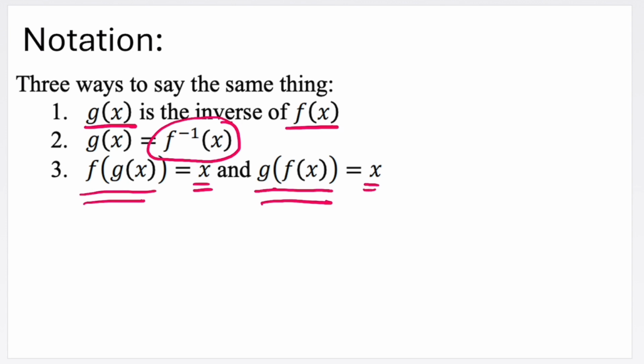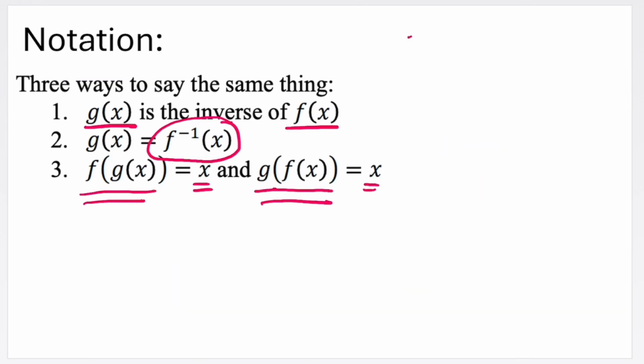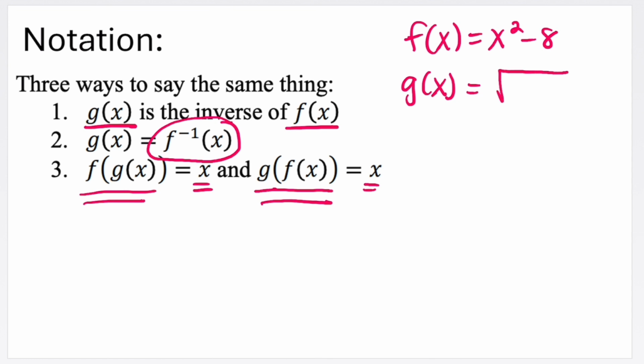So I'm going to try that with those two functions from the previous slide. f of x is x squared minus 8, and its inverse is g of x, which we found, the square root of x plus 8.